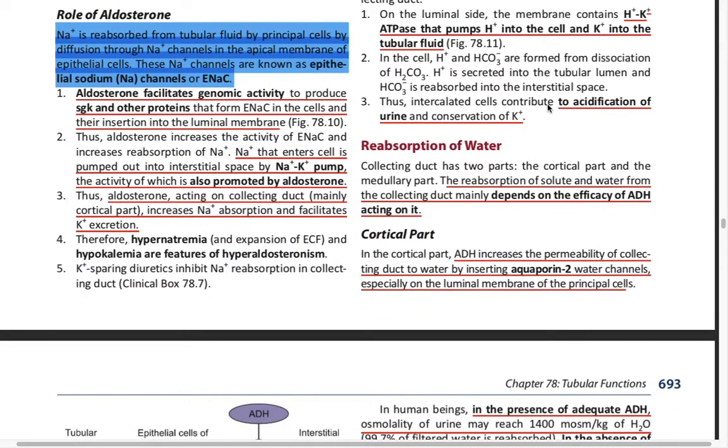K plus into the tubular fluid in this diagram is basically wrong. Thus intercalated cells contribute to the acidification of the urine and conservation of K plus.